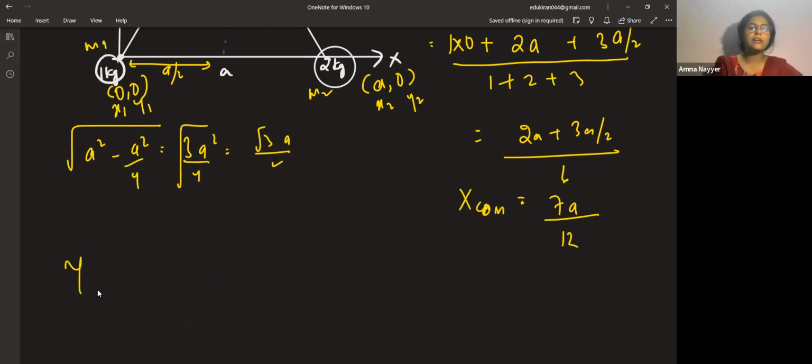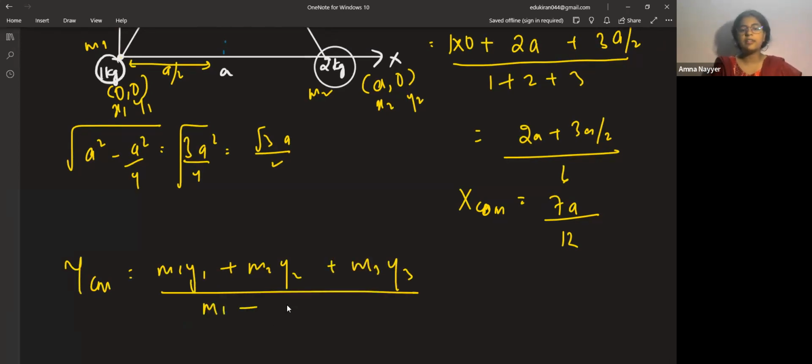Similarly, you will calculate the y center of mass: M1 y1 plus M2 y2 plus M3 y3 divided by M1 plus M2 plus M3.